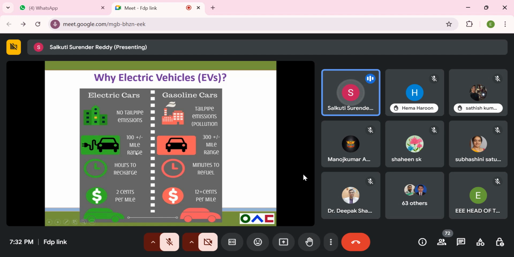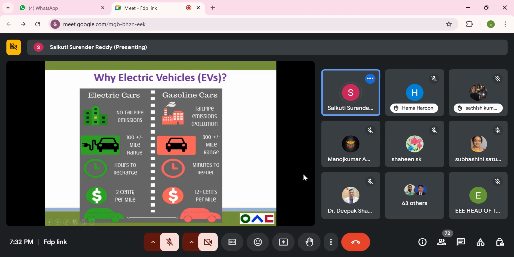Of course, the mileage is a little less, but with recent advances in battery technologies, the mileage is increasing rapidly. Previously we used to charge for 2 hours, but nowadays, because of fast charging, the time is decreasing rapidly.